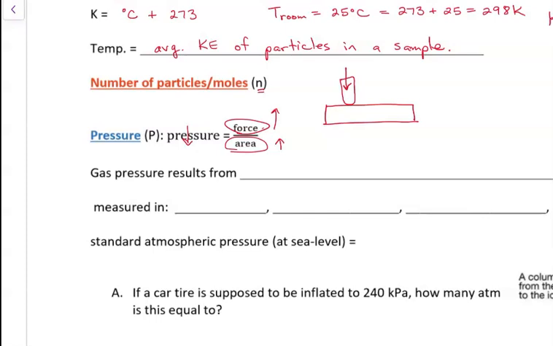If you sharpen the knife, you're decreasing the surface area that's coming into contact with the steak. So as that goes down, even without increasing the force a whole lot, you can increase the pressure. So pressure is created by a force applied over an area.